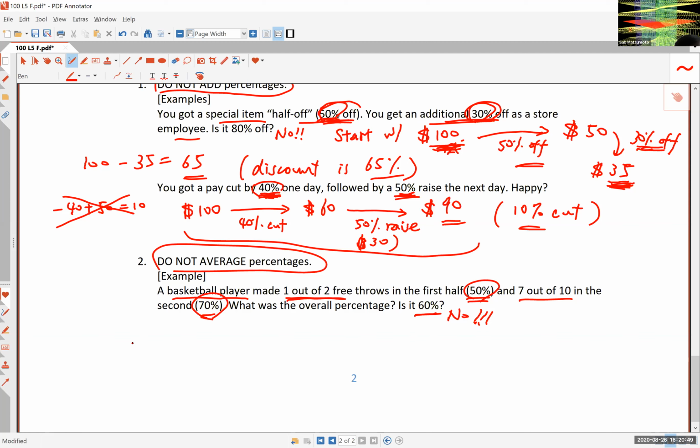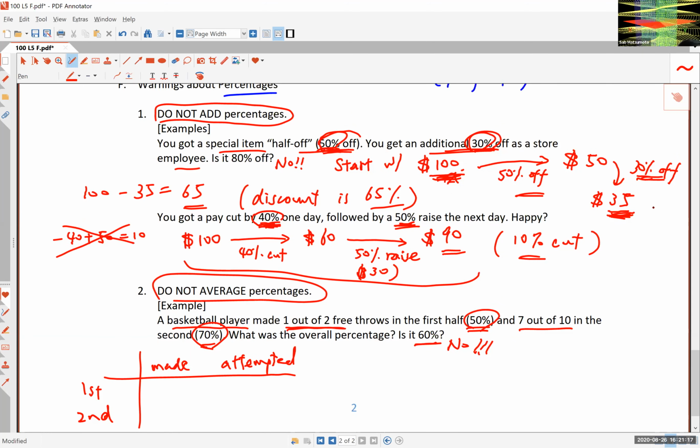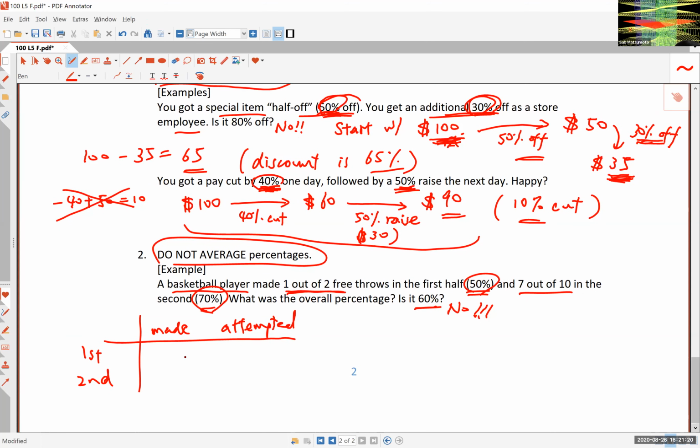Why not? Okay, so well, let's think about this. In the first half, the player made 1 out of 2.